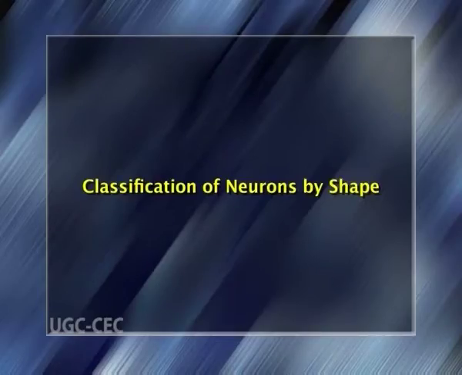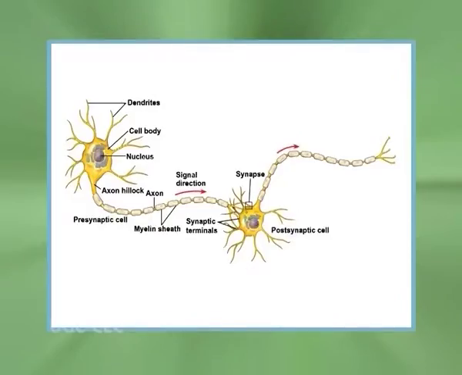Let's now discuss classification of neurons on the basis of shape. The most unique and important structures of a neuron are the long extensions that extend out from the cell body. There are two types of extensions: dendrites and axons. Dendrites are extensions of neurons that receive signals and conduct them towards the cell body.